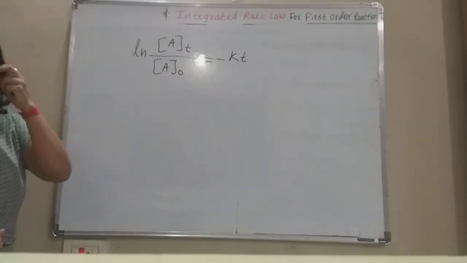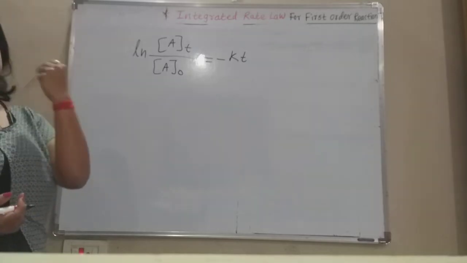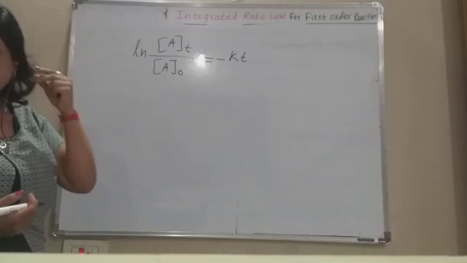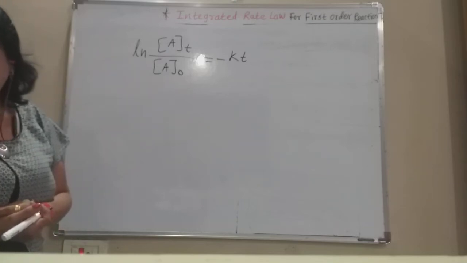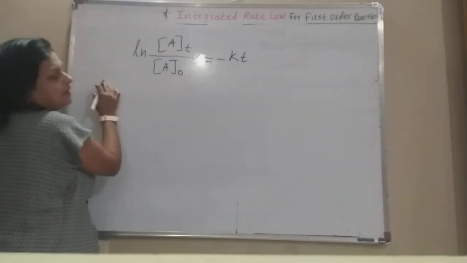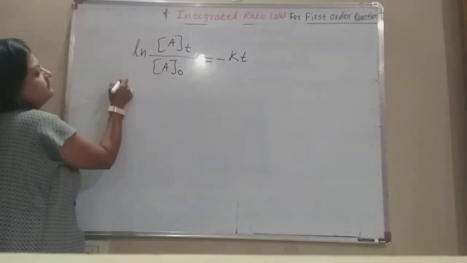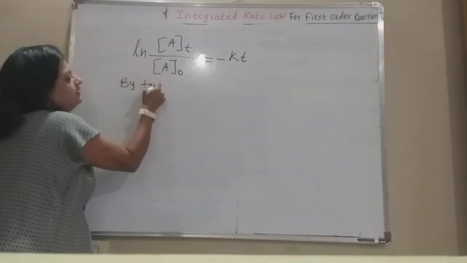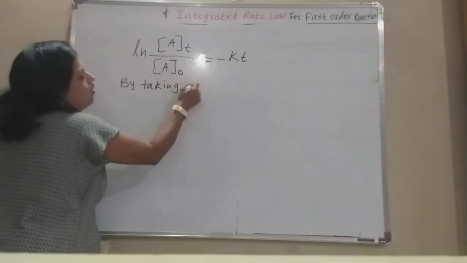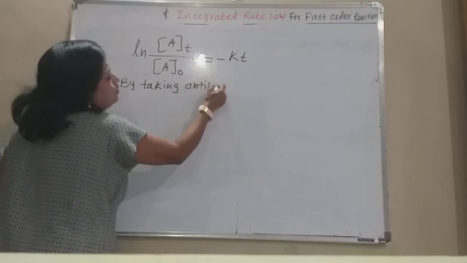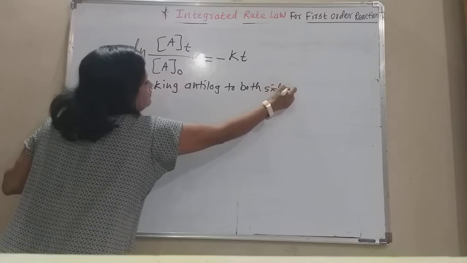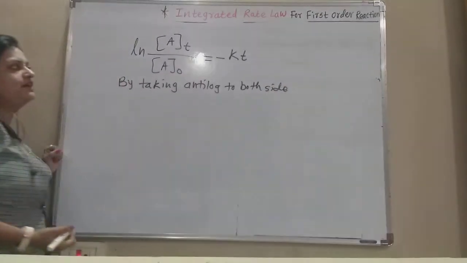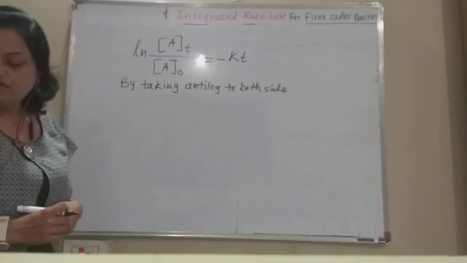Now how is this converted into another form? By taking the antilog on both sides. Now take the antilog on both sides of this equation. Now mathematics students know what the antilog of this is. How do we calculate that?